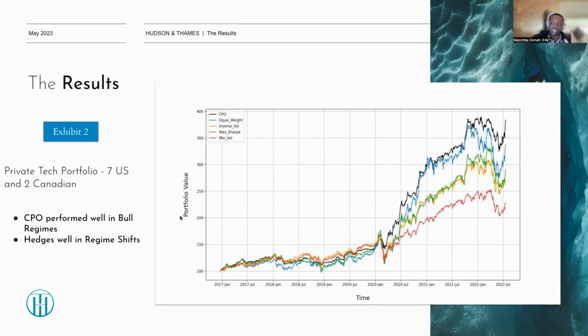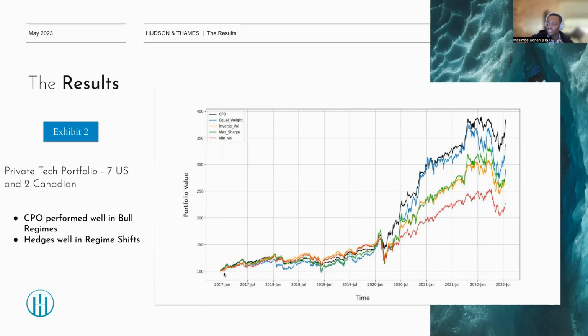I don't know what exactly that means, but I assume the higher the value, the better the Sharpe ratio, or whatever the case is. And on the x-axis, you have time. You can see that, for instance, during bull markets, perhaps between January 2020 and maybe up until January 2022, CPO actually capitalizes well in these bull regimes.